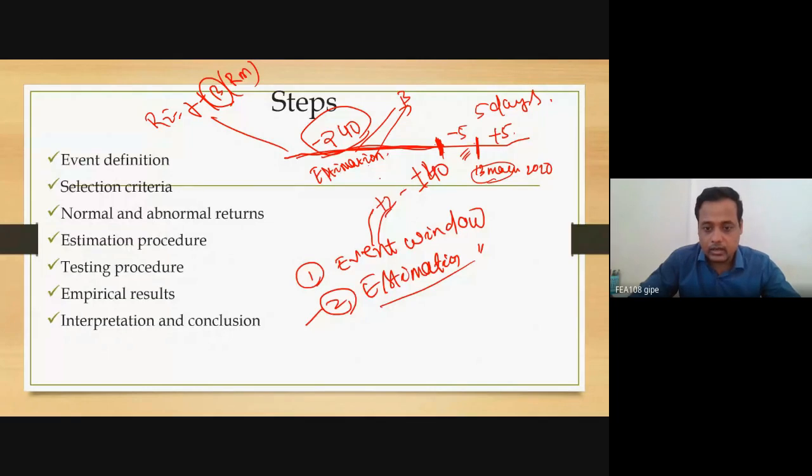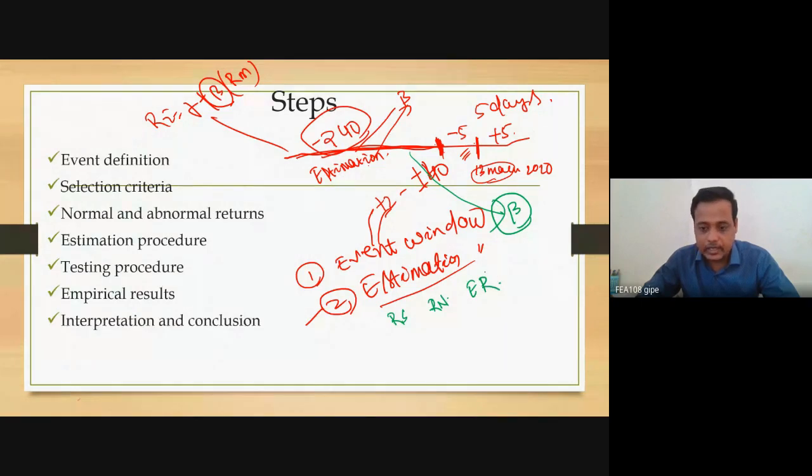So we come out with the beta value from the estimation window. Now we have the return of, say, SBI and the return of Nifty. Now we can calculate the expected return.